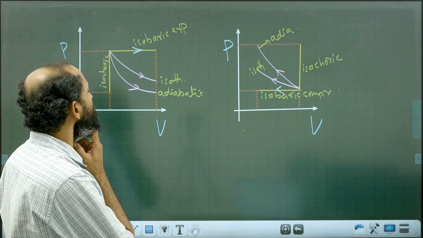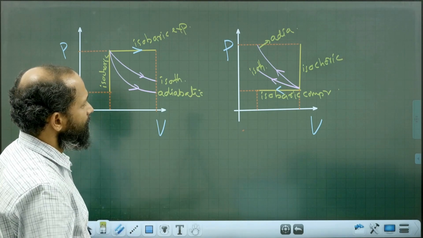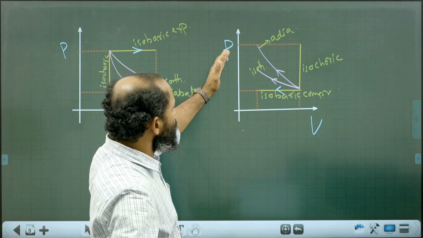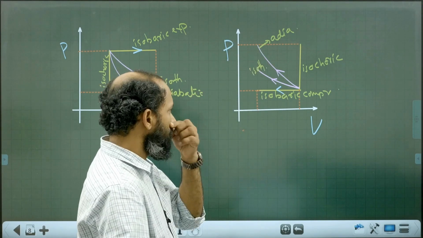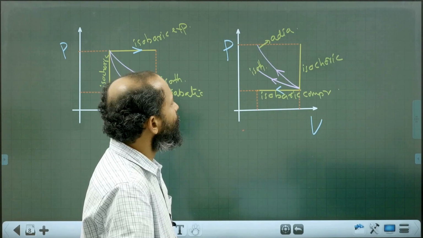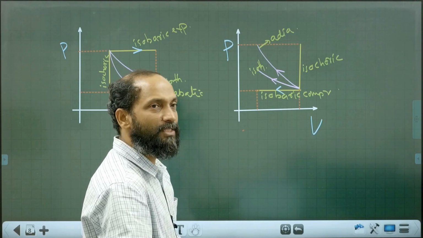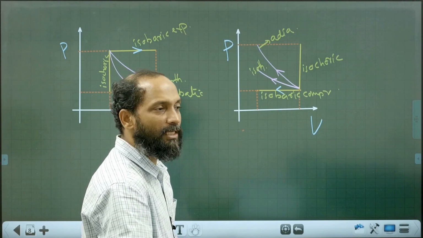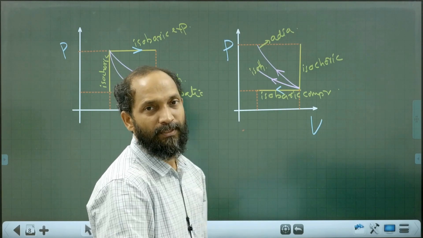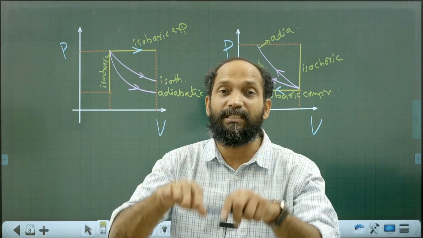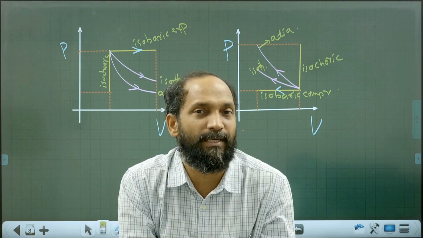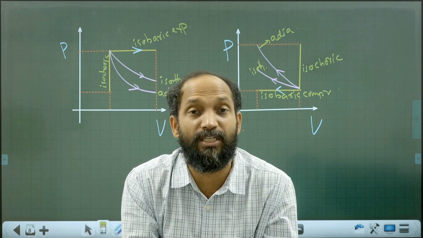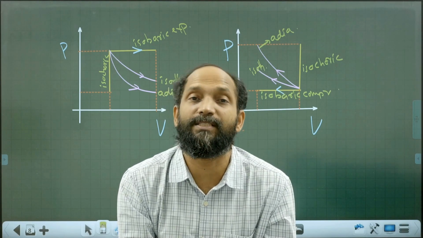Now observe same changes in volumes for all these processes in each. Each of these are called non-cyclic processes. Non-cyclic process, the system will not come back to the same initial thermodynamic state variables. If the system comes back to the same thermodynamic state variables like pressure, volume and temperature after a series of processes, then that is a cyclic process.